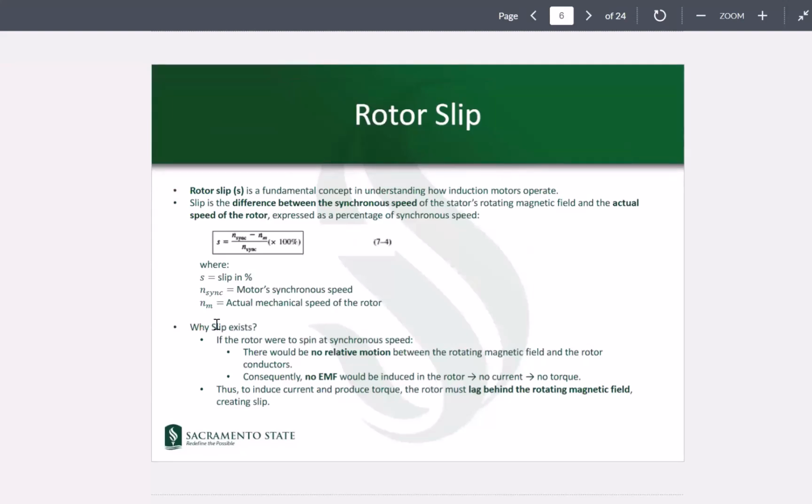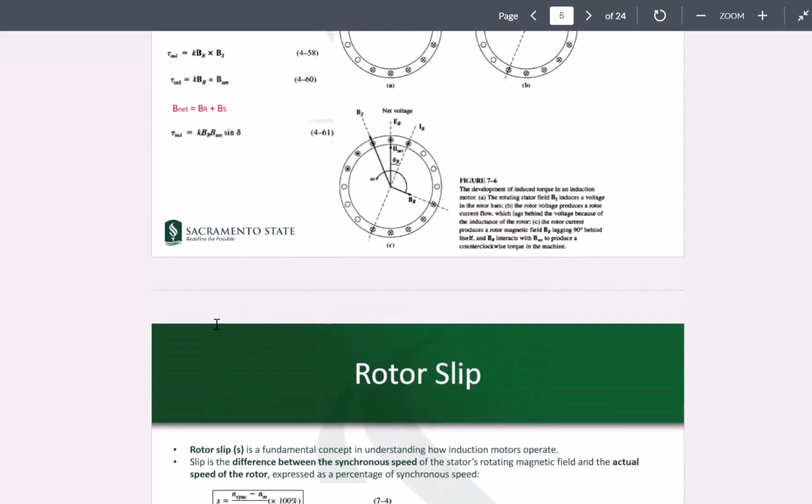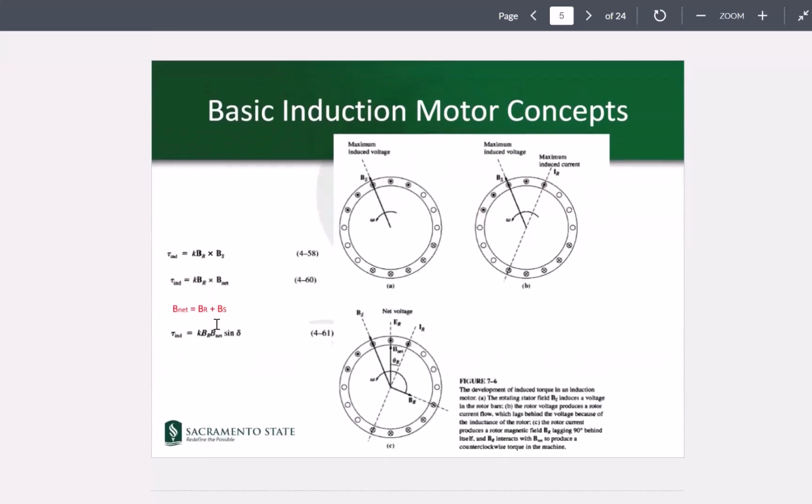We mentioned that there is basically a difference between the speed of the rotor and the speed of the stator field. Why is that? So based on this, if BR and BS are aligned, what happens?